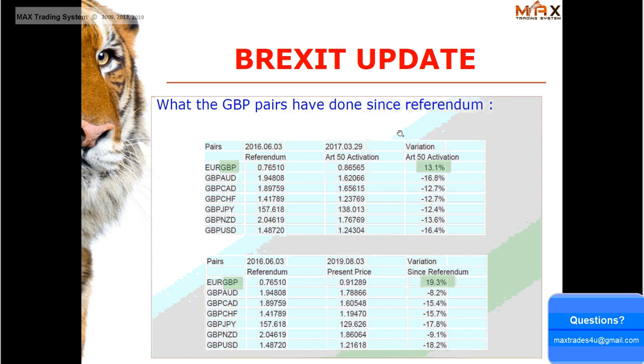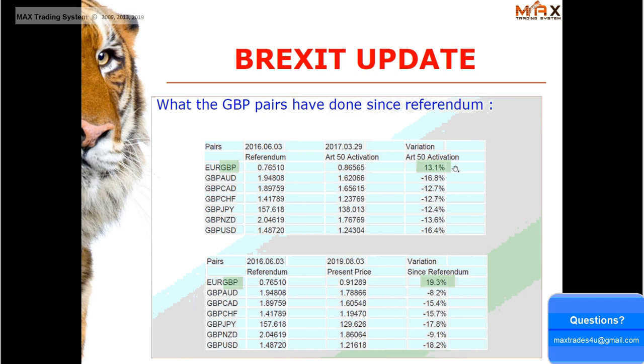First of all, we can see from the chart, for the 7 pairs containing the pound, where their prices were at the moment of the referendum, when Article 50 was activated by Prime Minister May, and the variation in percentages. And we can see, for example, that between the moment the referendum was voted and the activation of Article 50, the pound pairs have dropped approximately 13 to 15%.